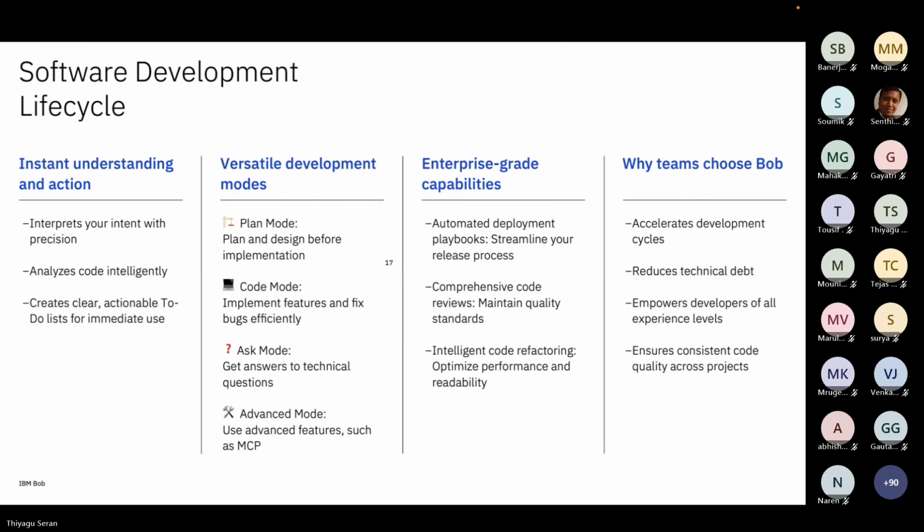So you can easily modernize the Java way with that. And why we need to choose Bob is that it accelerates the development life cycle and reduces technical debt. When saying accelerate the development life cycle, it will not hallucinate a lot like other chat assistants.